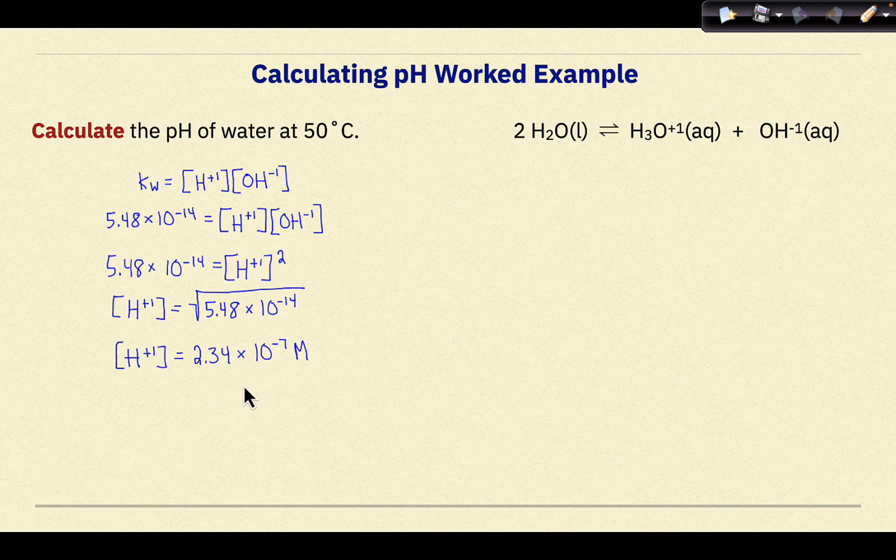Now that we have this hydrogen ion concentration, we can use the formula pH is equal to the negative log of the hydrogen ion concentration to calculate pH. So we'll start off with our formula. We'll plug in our value for our hydrogen ion concentration at this temperature, and our calculated pH is 6.63.